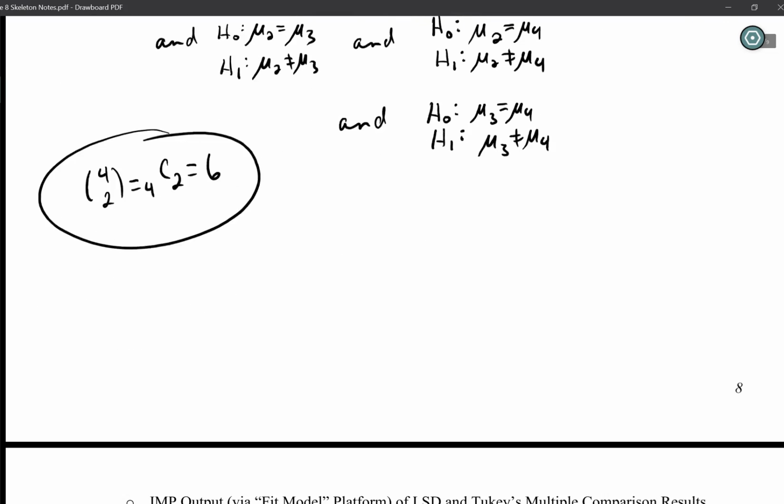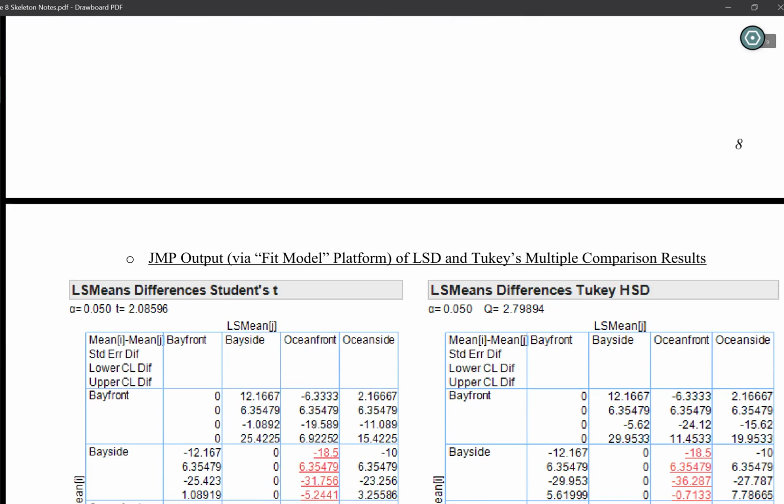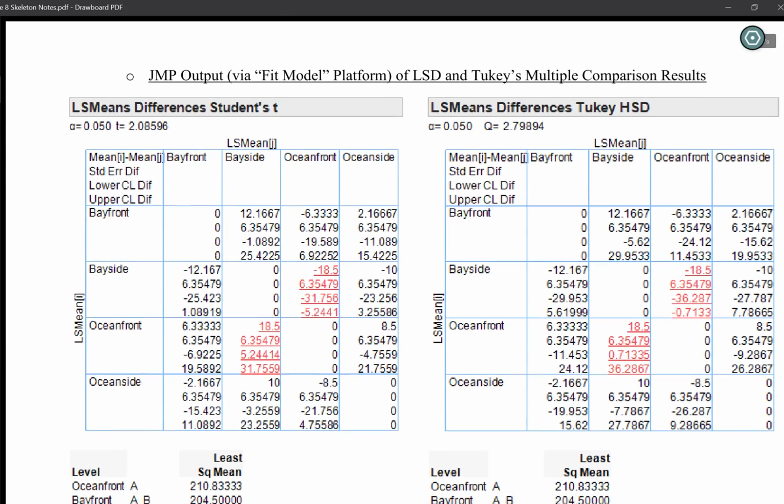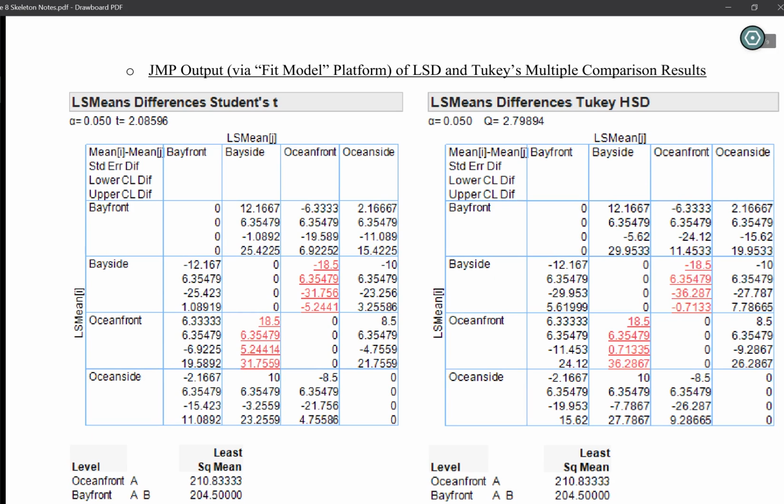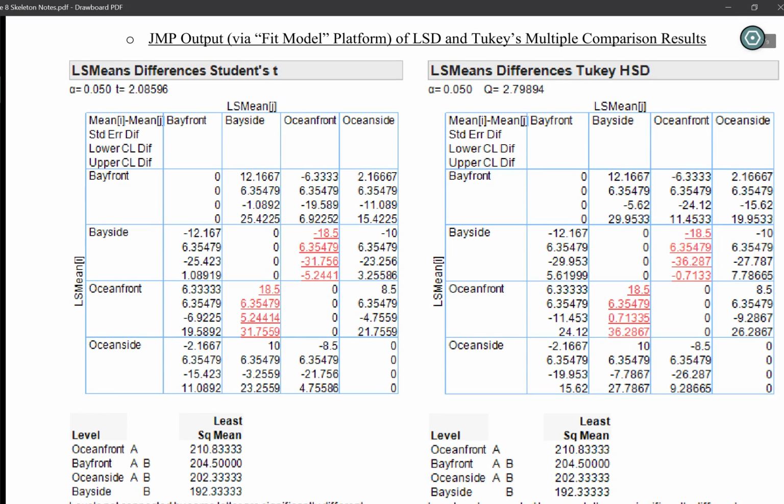Okay, now here's some output from JMP. Now you'll want to watch the JMP demonstration to see how you get this output, but here's some output from JMP for Fisher's LSD approach and Tukey's approach. Chaffee's approach is in there, but for the notes here, I'm just going to reference the LSD approach and Tukey's approach.